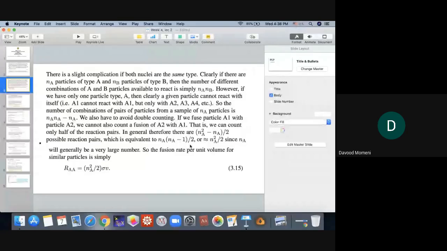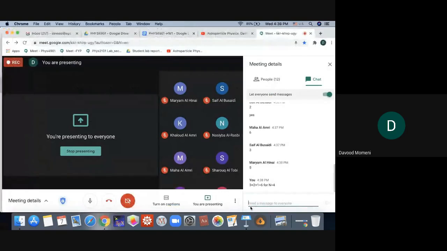And there is one thing here. The number of nuclei is a large number, so there is no difference between Na and Na-1. I mean, n-1 is almost the same as n. For example, n is the Avogadro number.